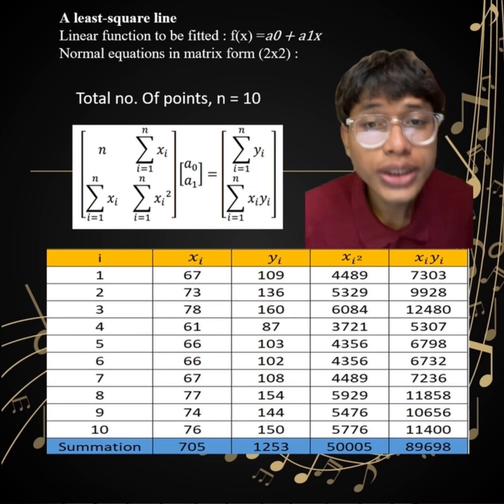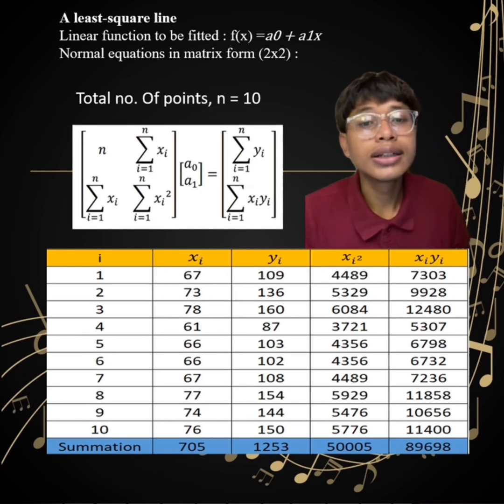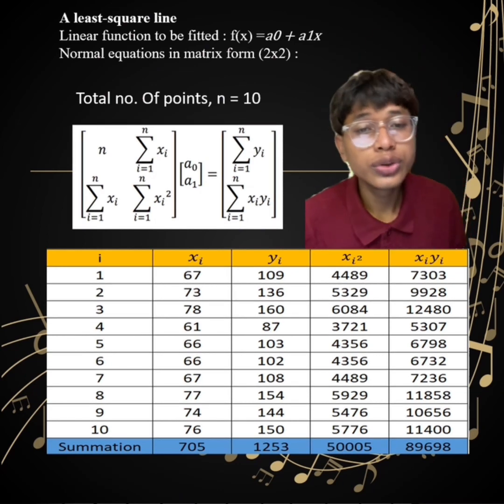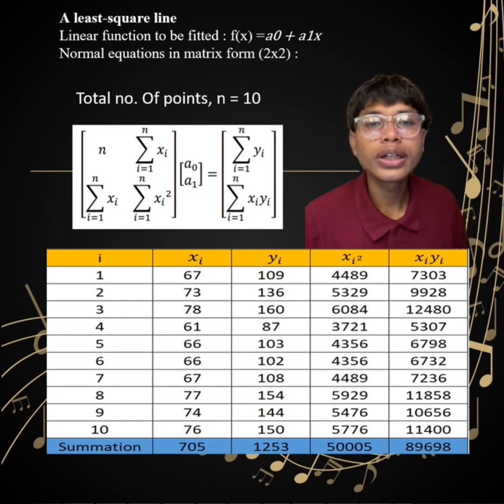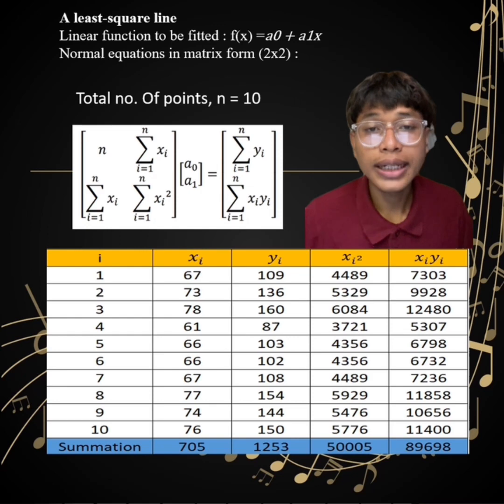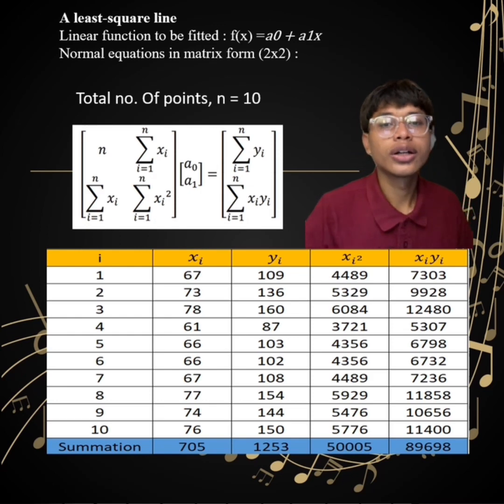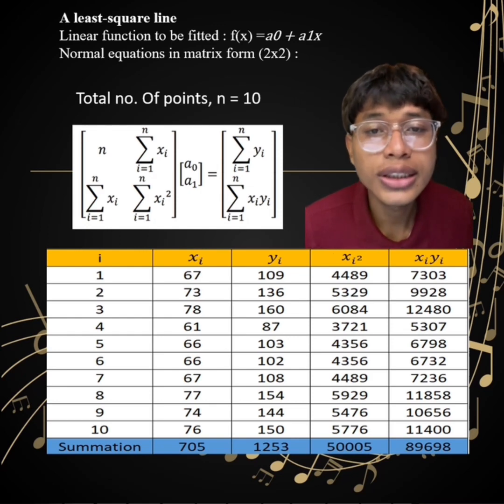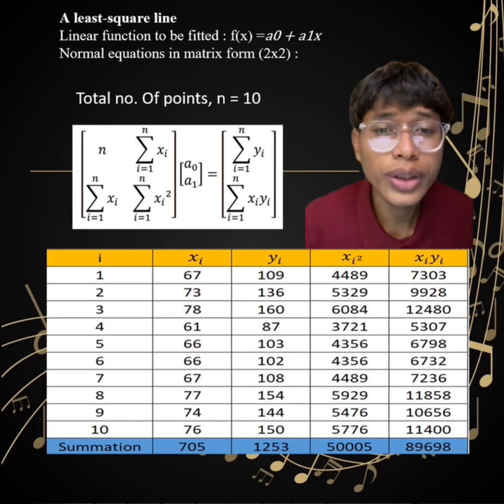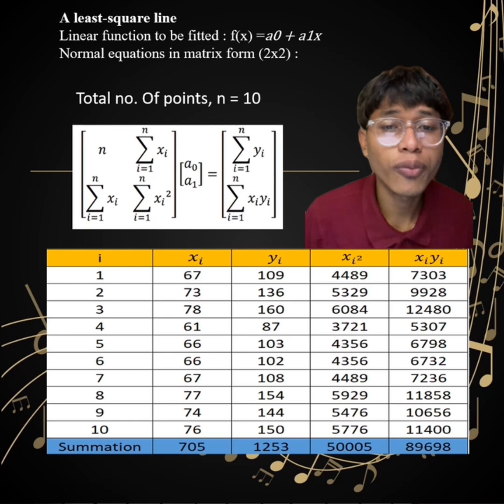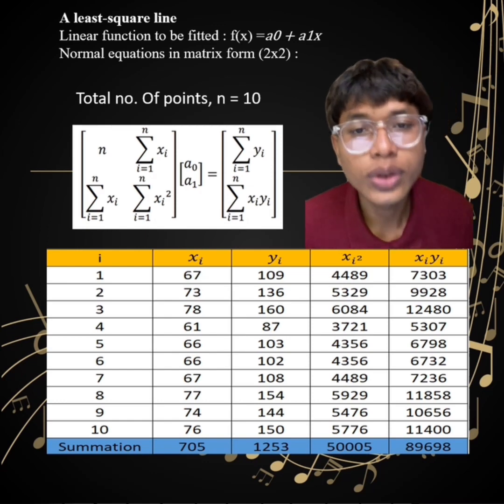For question 2, Roman 1, a least square line. We are using a linear function to fit: f(x) equals a0 plus a1x. We are using the normal equation in matrix form, 2 by 2. The total number of points n is equal to 10.